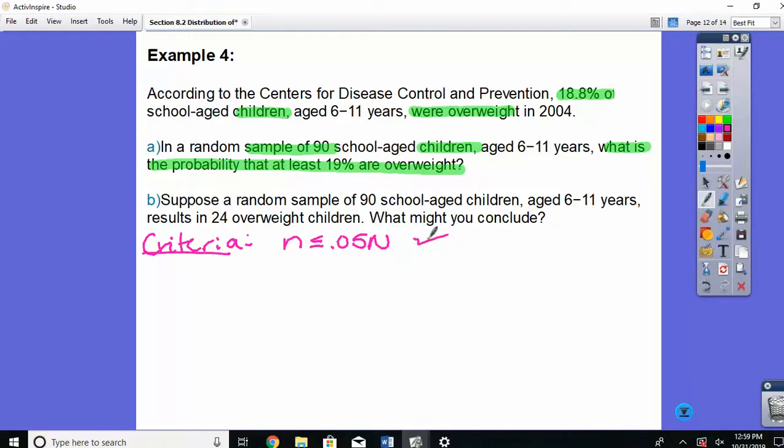Okay. Second one, we need to check if it's normal. So my n is 90. P, what is the probability of being overweight? 0.188 times 1 minus p.